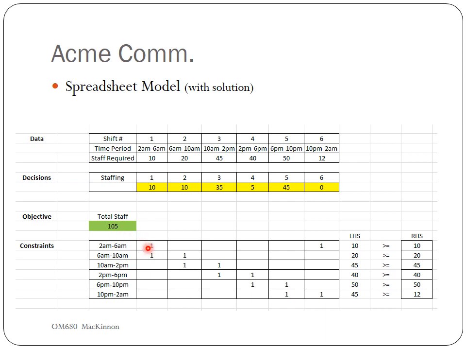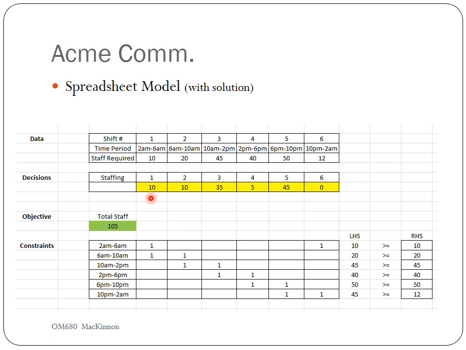So for the 2 a.m. to 6 a.m. time slot, you have workers who have worked from 2 a.m. to 6 a.m. and workers who have worked 10 p.m. to 2 a.m. Add those up, and it has to equal at least 10.